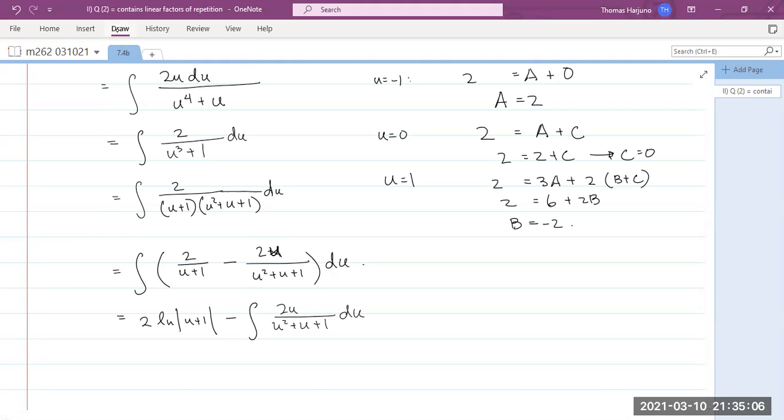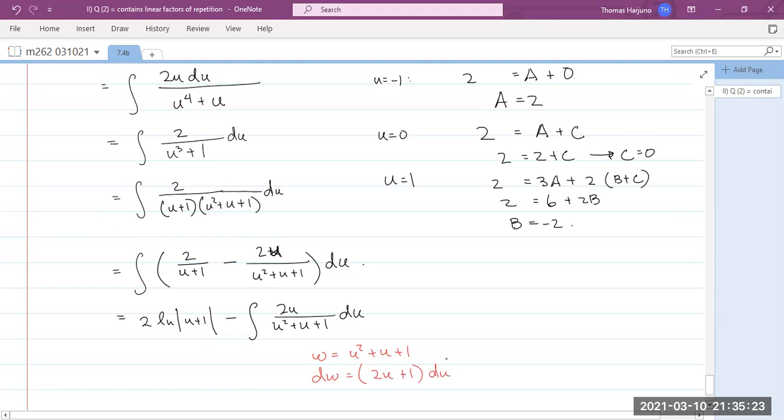Suppose I do another substitution. Okay, let's say my w equals u squared plus u plus 1. What is my dw? It's that one, right? So this is what I will do. I will do this manipulation.